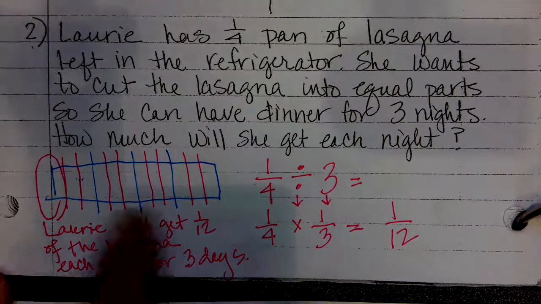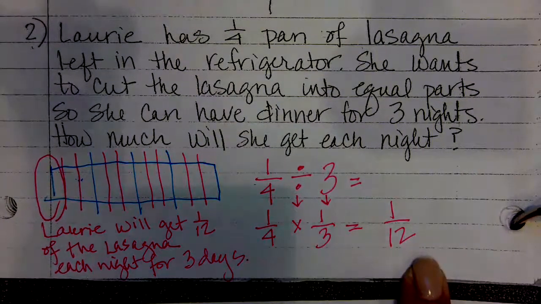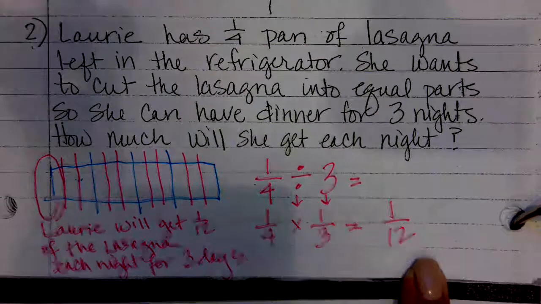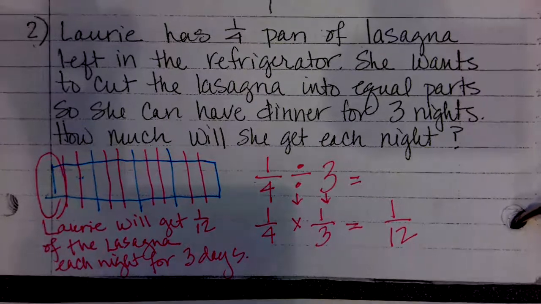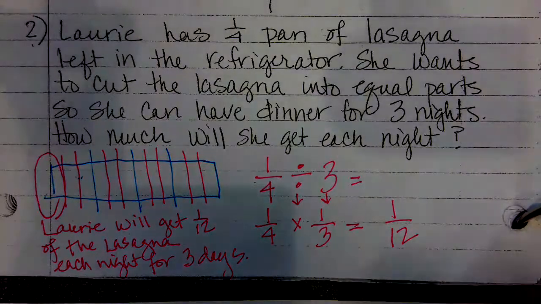Now that's the actual answer. Yes, this is the numerical answer, but you have to actually answer the question. And answering the question is Lori will get 1/12 of the lasagna each night for 3 days.